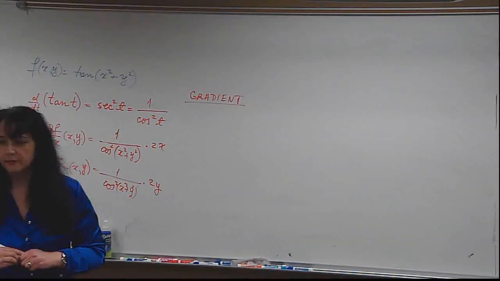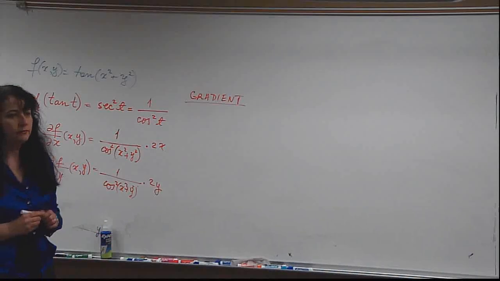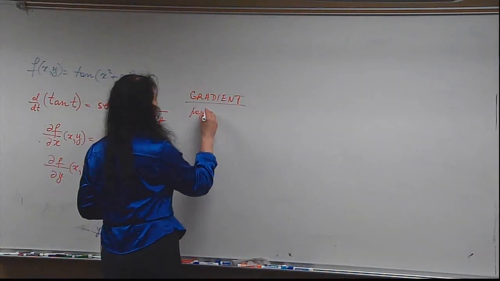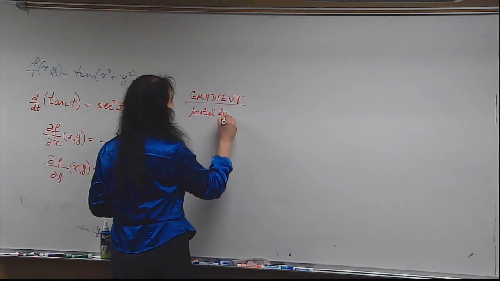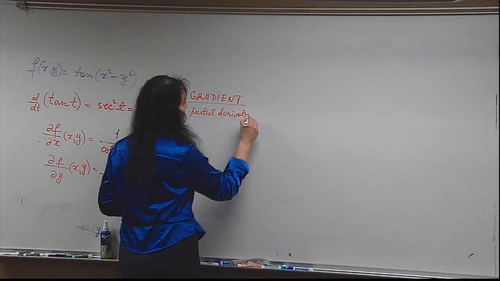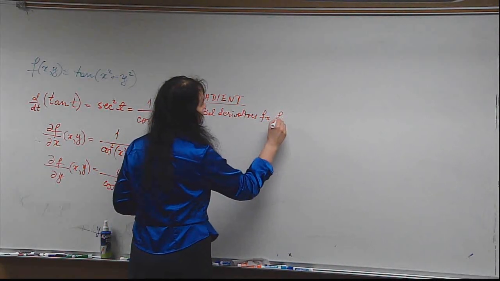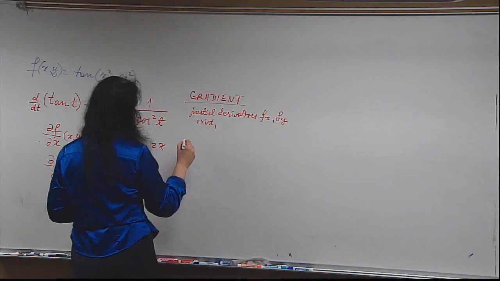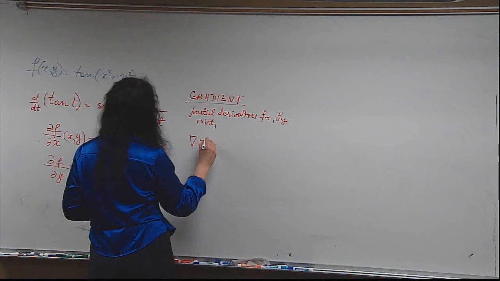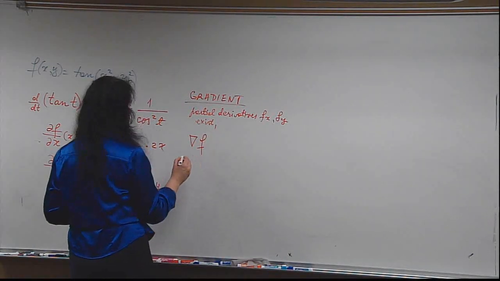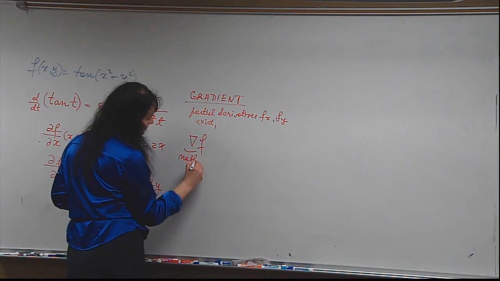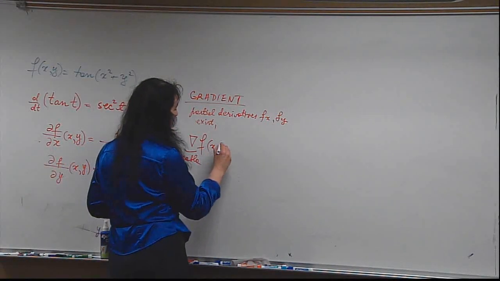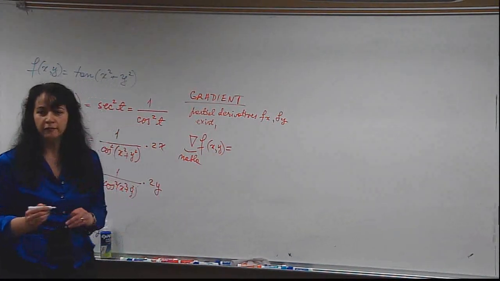So the gradient of a function, wherever the partial derivatives f sub x and f sub y exist, I'm going to have nabla f. Nabla is a Greek letter. Nabla f at x, y represents what? The vector.